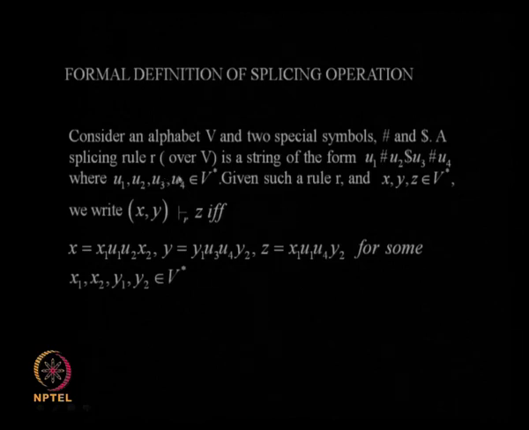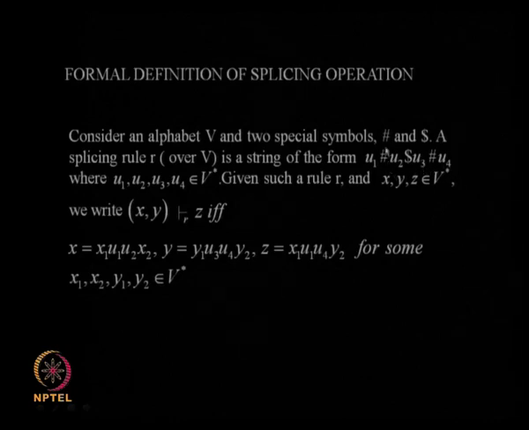So, they are strings over V star, and given such a rule you have 3 strings x, y, z. From x and y, by applying the rule R you get the string z by splicing, if the following happens: x is x1 u1 u2 x2, y is y1 u3 u4 y2, and the rule is this.